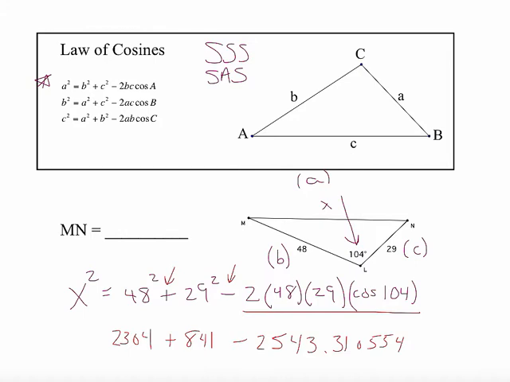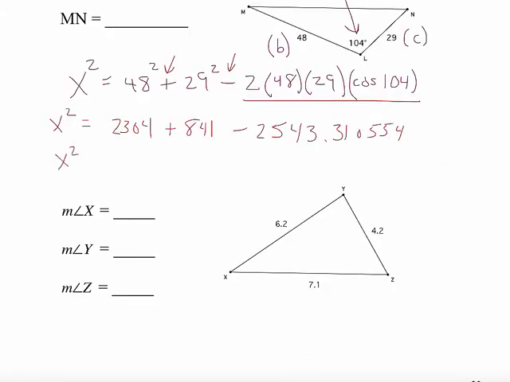So now I'm going to finish saying what x squared is equal to. So now x squared should equal 2,304 plus 841 minus 2,543.310554.